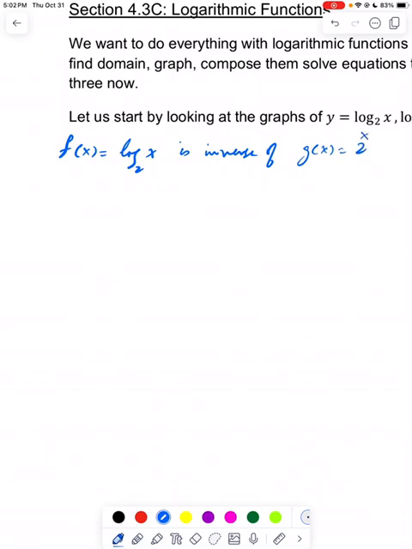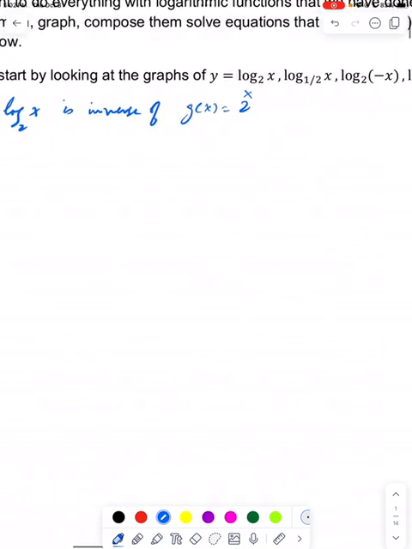So these two are inverse of each other. If you remember the table that we used for the exponential function, x and y: we had -1, 0, and 1. At -1, we were getting the value 1/2. At 0, we get value 1. At 1, we get value 2.